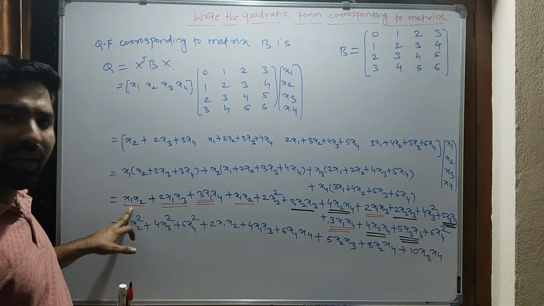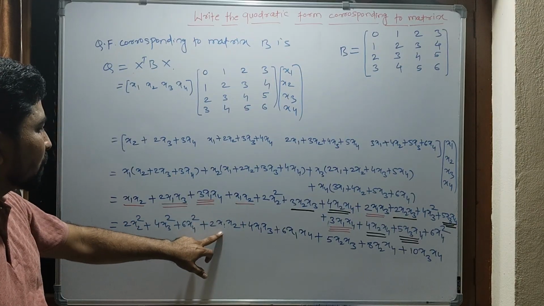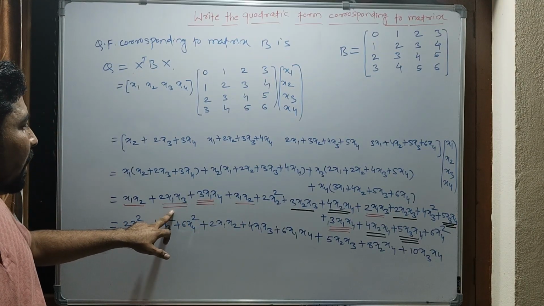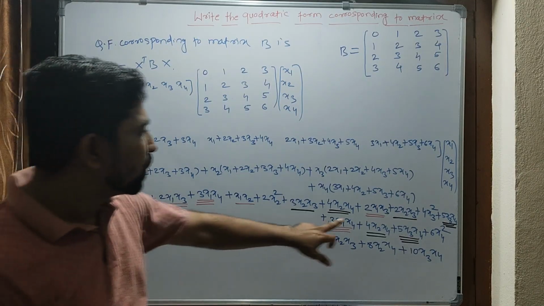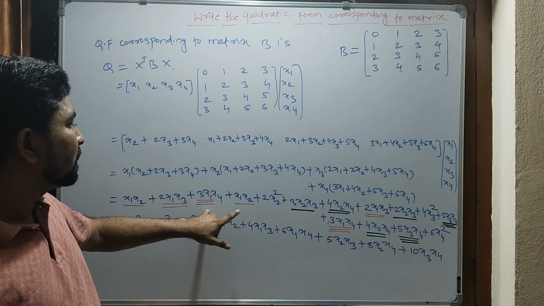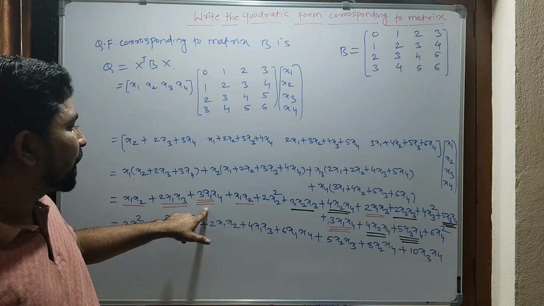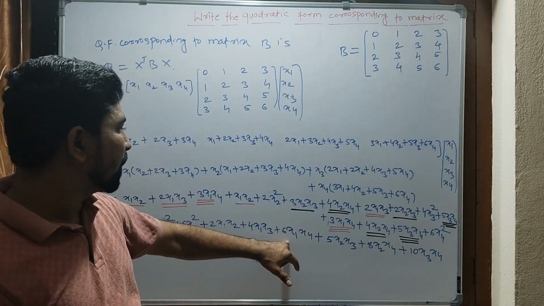Now red single underline: x1 x2, 2 times x1 x2. Red double underline: 2 times x1 x3 and 2 times x1 x3, giving 4 times x1 x3. Red triple underline: 3 times x1 x4 and 3 times x1 x4, giving 6 times x1 x4.